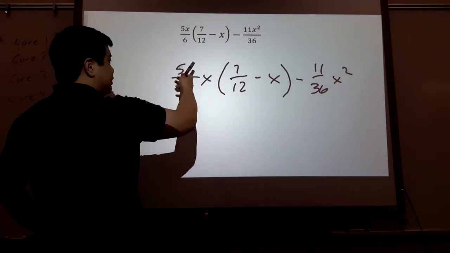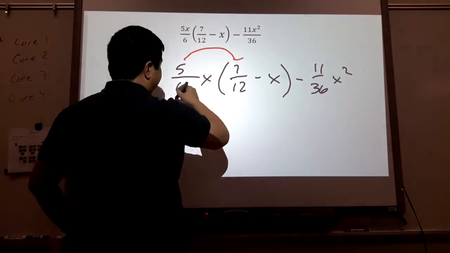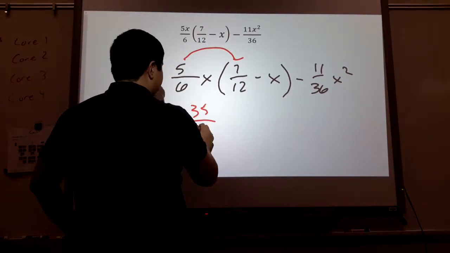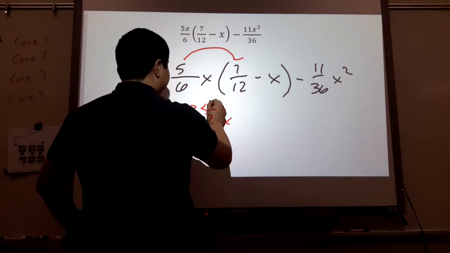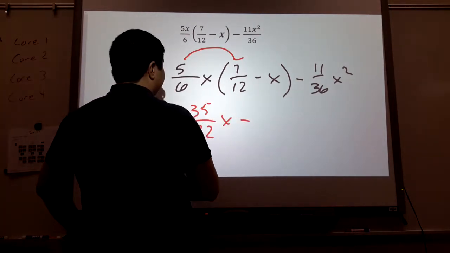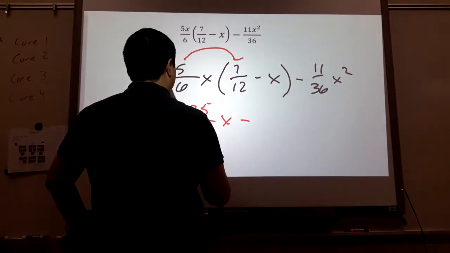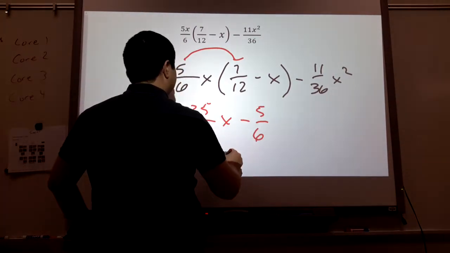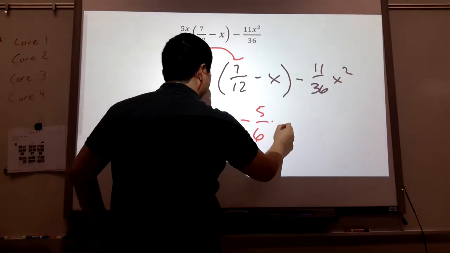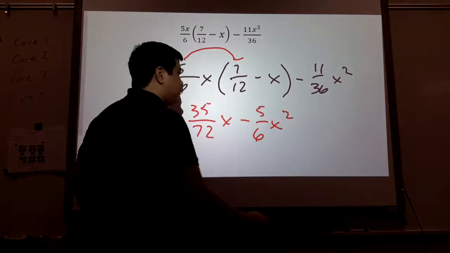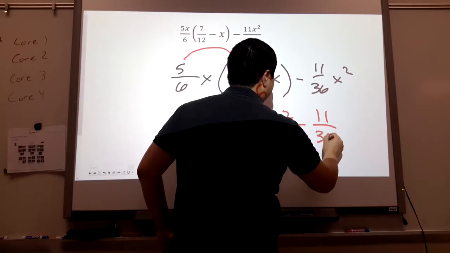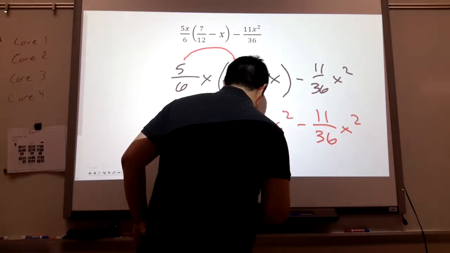We need to simply distribute this part, so we get 5 times 7 is 35, 6 times 12 is 72x, minus. Here this is simply 1, so 1 times anything is itself, so 5/6 x times x is x squared. Bring down the minus 11/36 x squared.